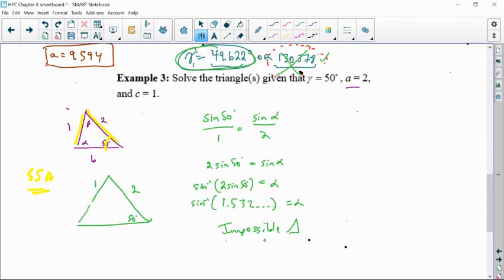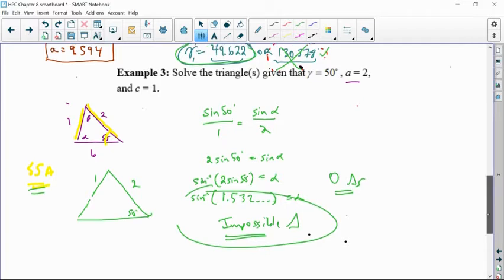So it's an impossible triangle. There are 0 triangles. So part of this side-side-angle ambiguity is that sometimes you're going to get a situation that doesn't even work. And trigonometrically, you'll know that because you'll get a sine ratio that you cannot solve.